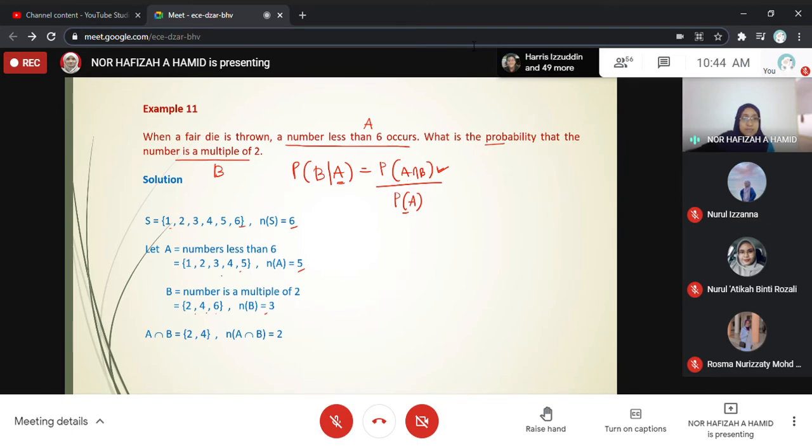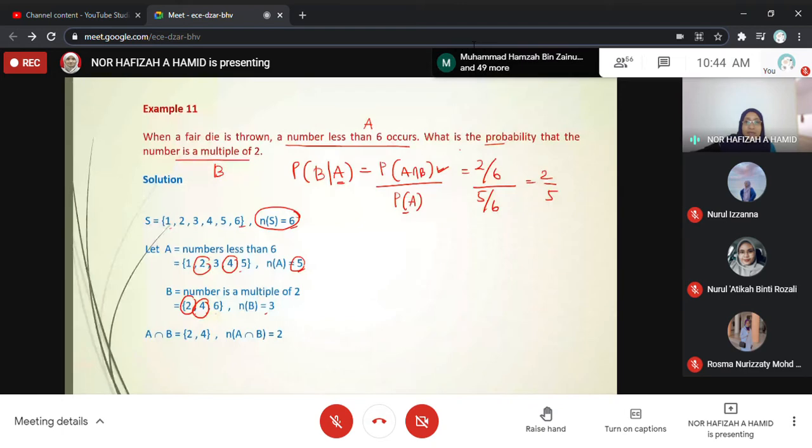The intersection between events A and B is 2 and 4, so the intersection is 2 over 6, over the sample space. Then over the probability of A, which is 5 over 6. So you get the answer 2 over 5. For conditional events, in terms of a Venn diagram, let me draw the Venn diagram. The outside here is the sample space.